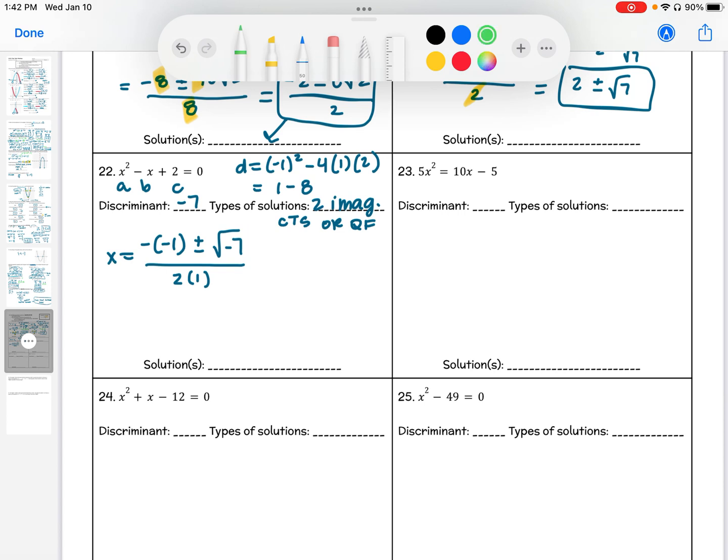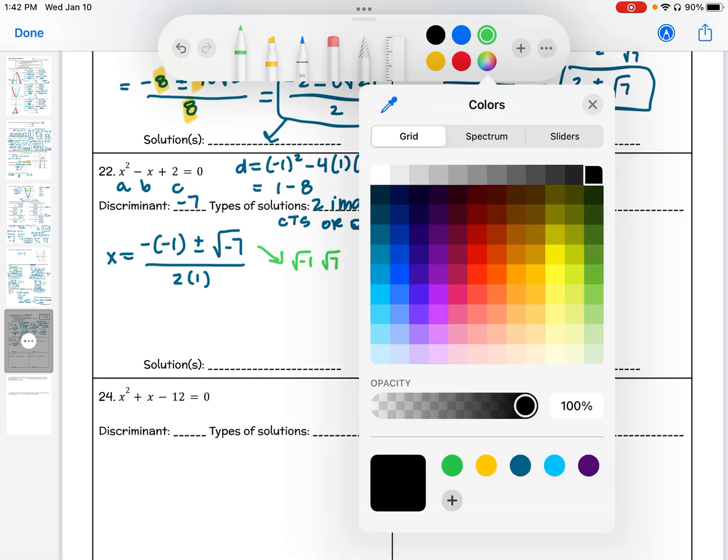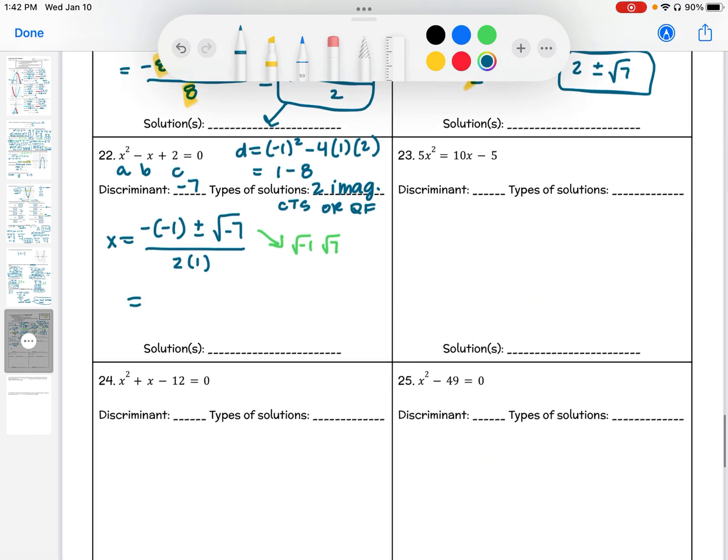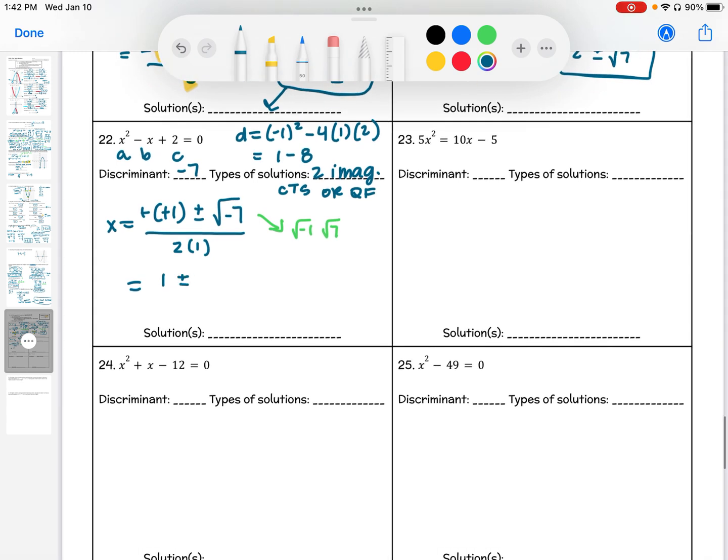All right, so let's simplify the square root. This would be square root of -1. 7 can't be divided by anything, so it would just stay that. And now we just write out our simpler fraction. This becomes +1 plus or minus square root of -1 is i square root 7 over 2.